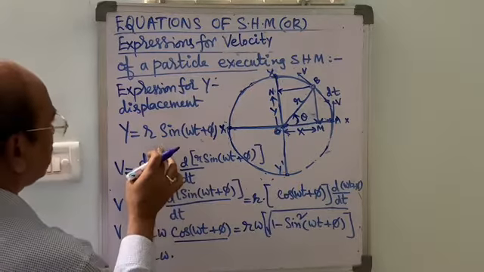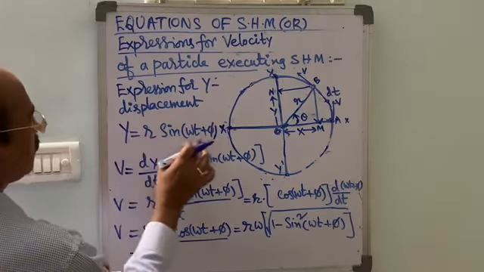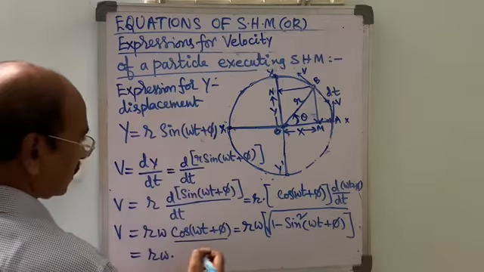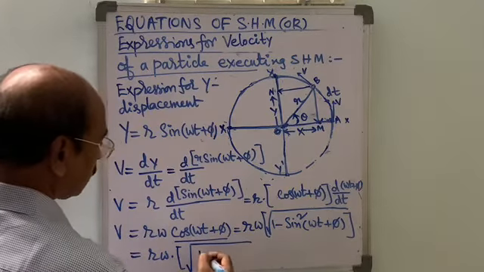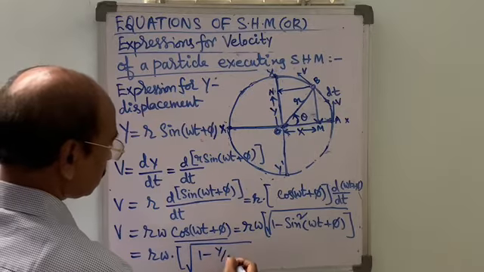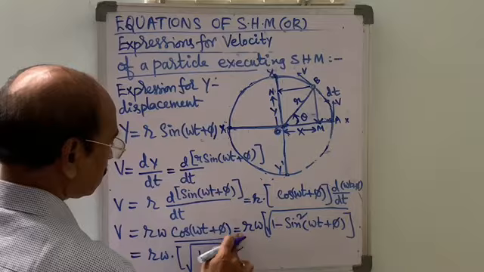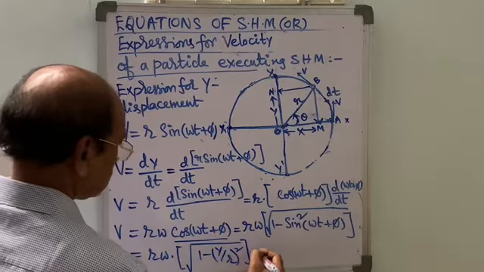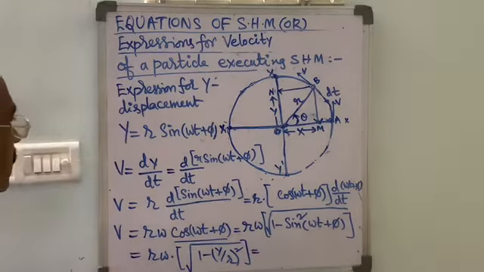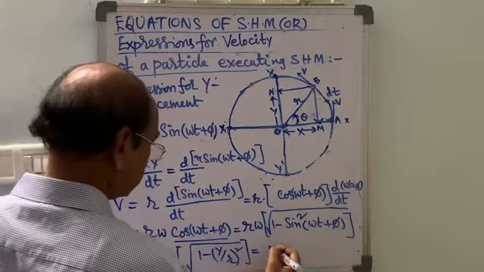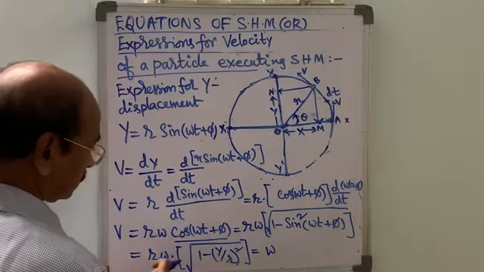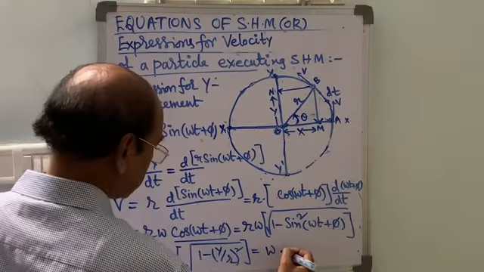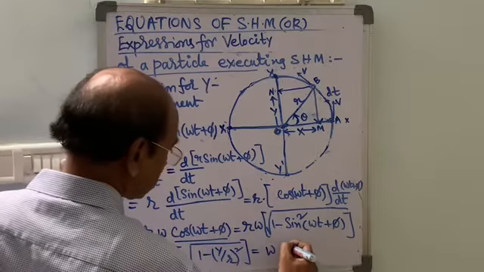From the earlier expression, sine(omega t plus phi) is equal to y by R. Therefore, R omega into under square root of 1 minus y square by R square, taking LCM, R gets cancelled, omega into square root of R square minus y square.